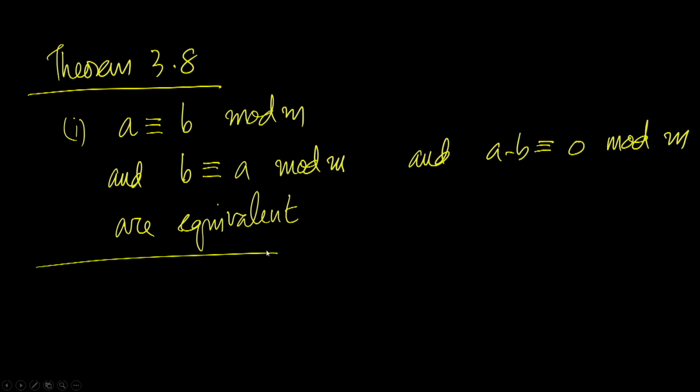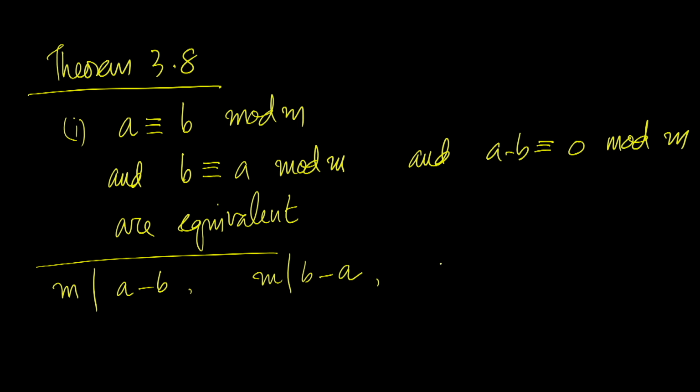You find that all these follow from the definition itself. If a ≡ b mod m, then a − b is divisible by m. But if m divides a − b, m divides b − a as well, which is the negative of it. If m divides b − a, then we have b ≡ a mod m.